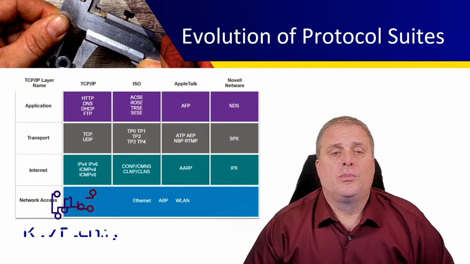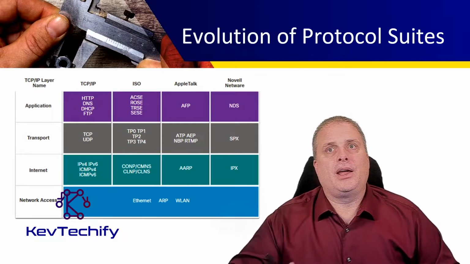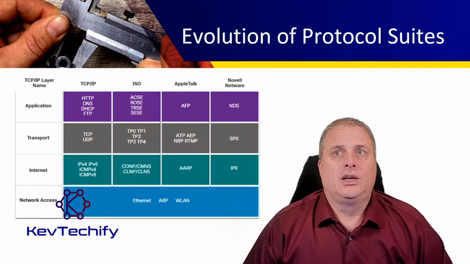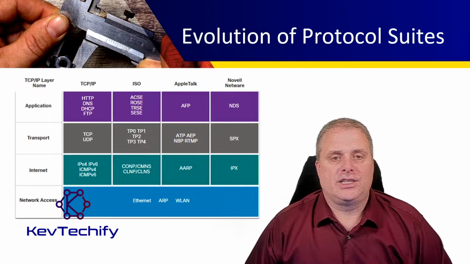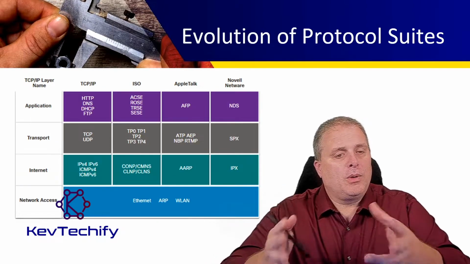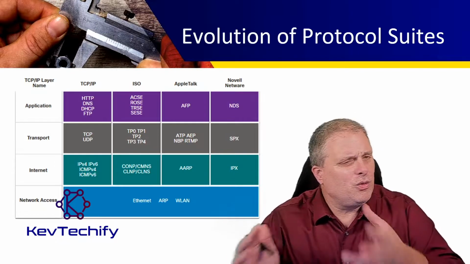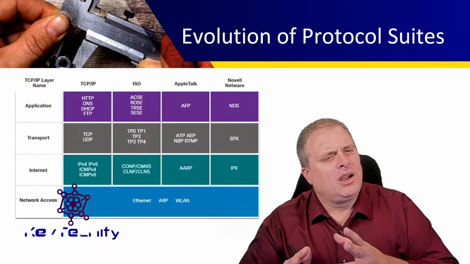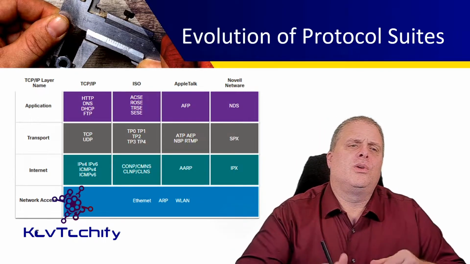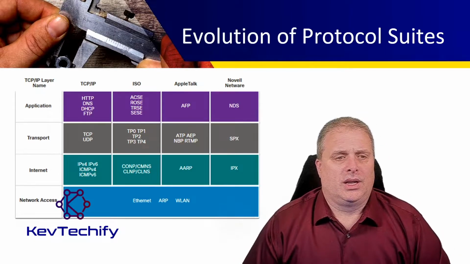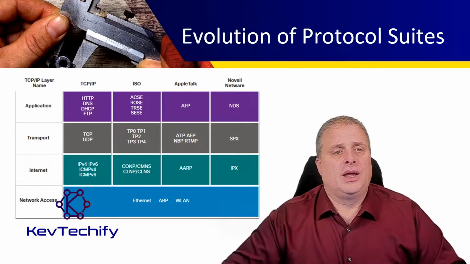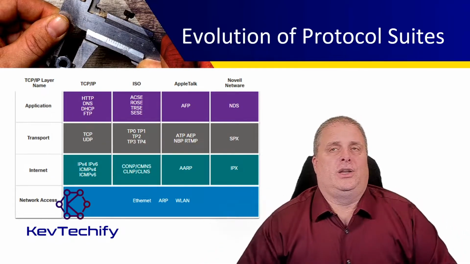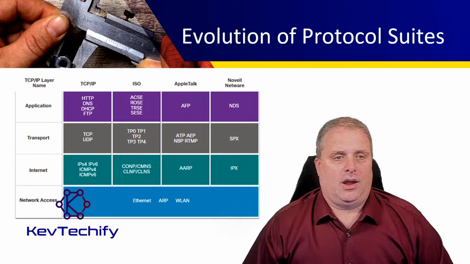The ISO protocol suite was developed by the International Organization for Standardization. They came up with their own protocol suite. It never really took off. It's out there, but the one you're going to deal with is the TCP/IP suite. That's what we're going to be looking at here, is how we set that up. The internet uses TCP/IP.